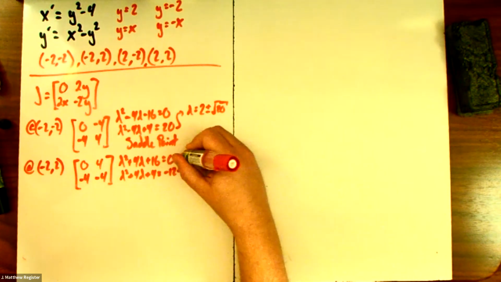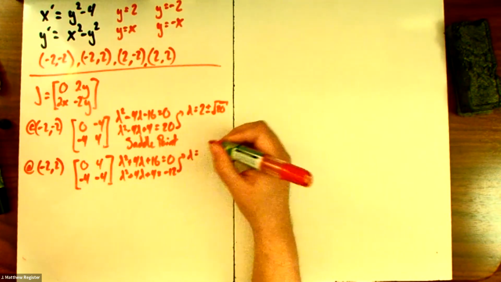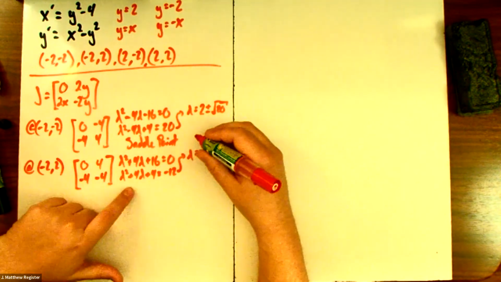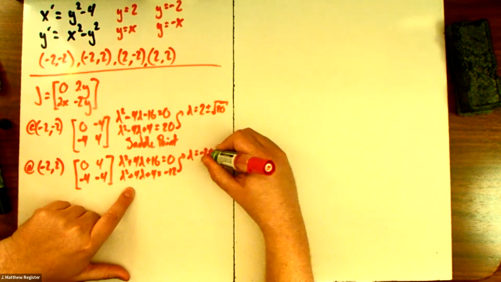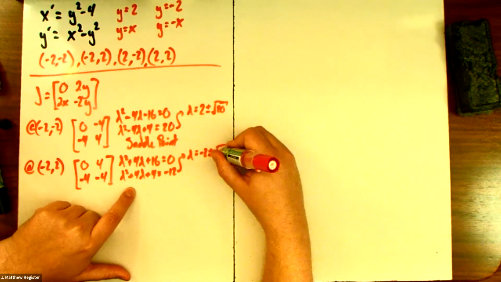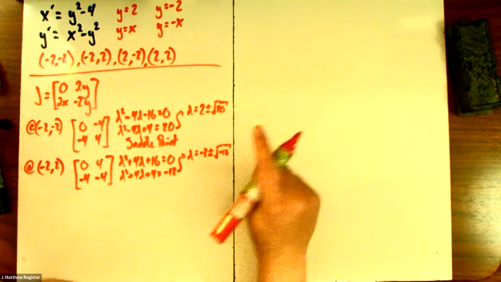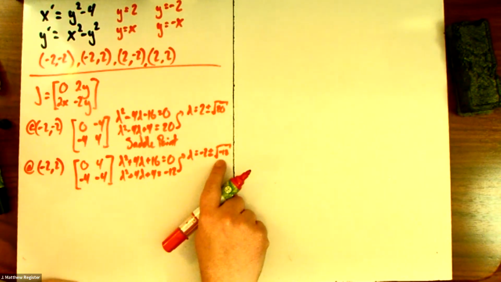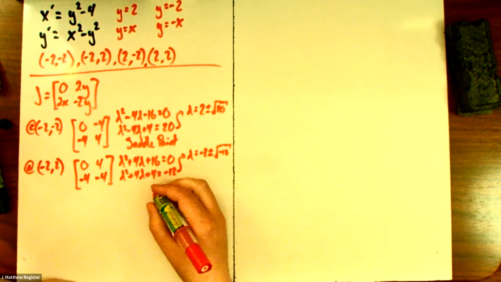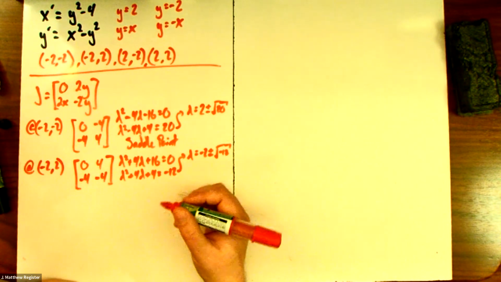That tells us that lambda is equal to negative 2 plus or minus the square root of negative 12. The square root of negative 12 is going to make this complex. The negative 2 is going to make it so that this is a stable spiral.